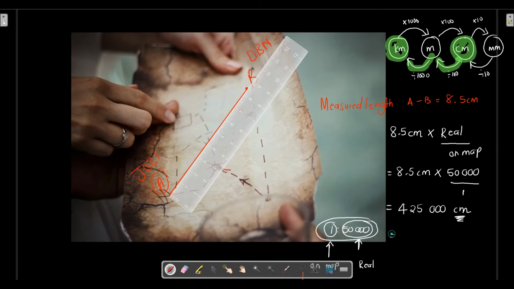So you would just take that 425,000 centimeters divided by 100 divided by 1,000. What do you get? You will get 4.25 kilometers.